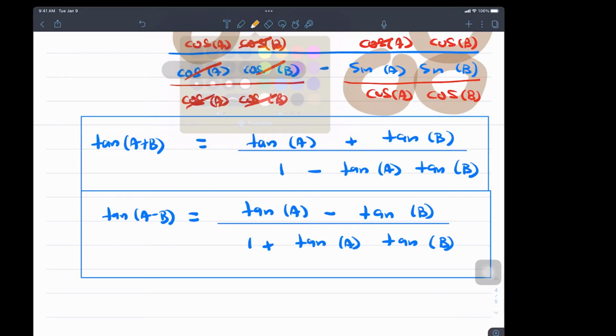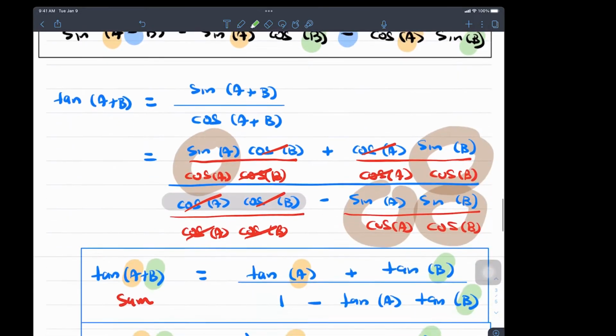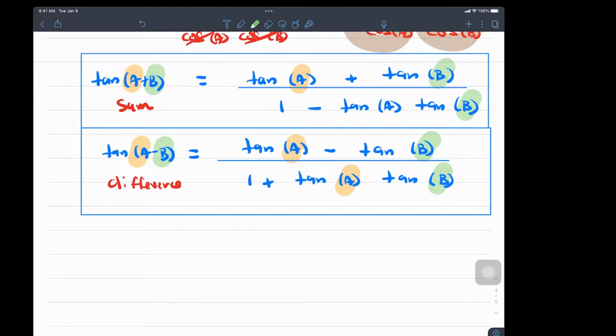So this is the sum formula for the tangent of a sum, and this is the difference formula.